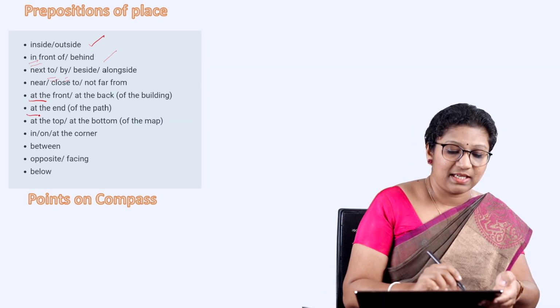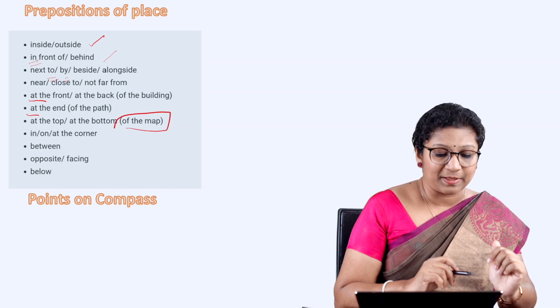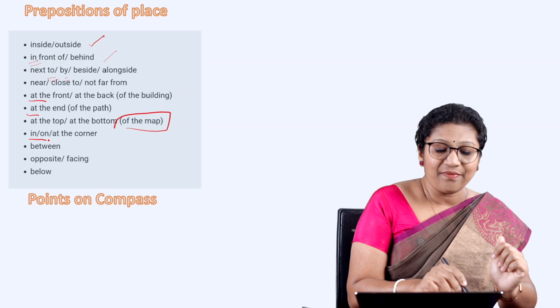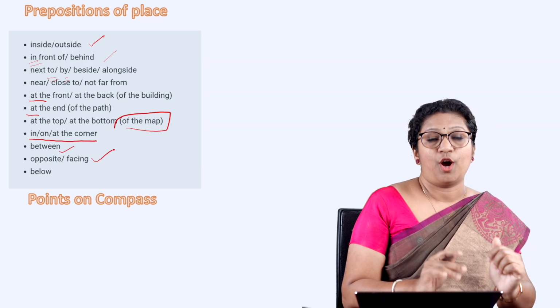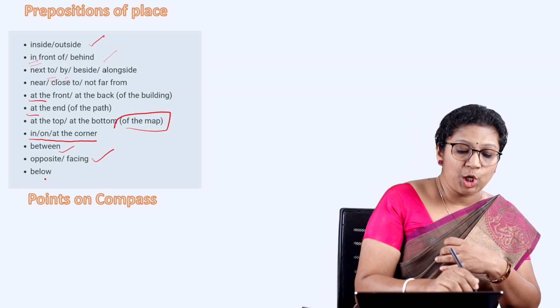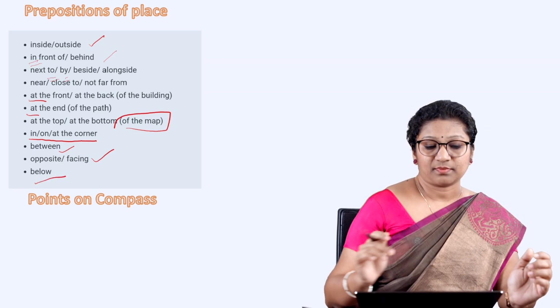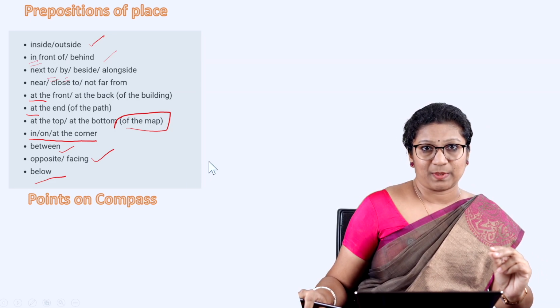Okay, at the end, at the top, at the bottom of the map. We already saw an example. In, on, at the corner, between, opposite or facing the ocean, facing the lake, below. These are some prepositions of place that you should be prepared with.